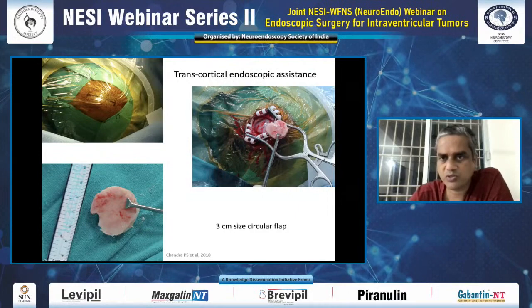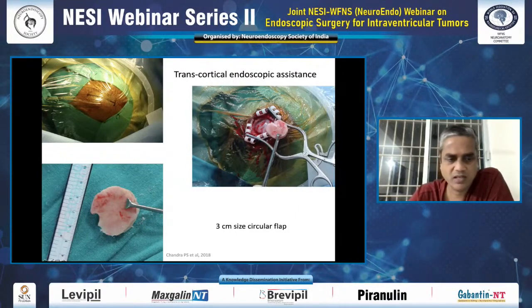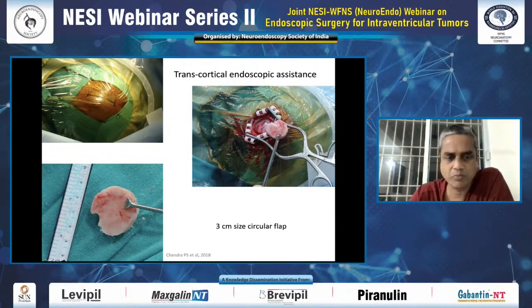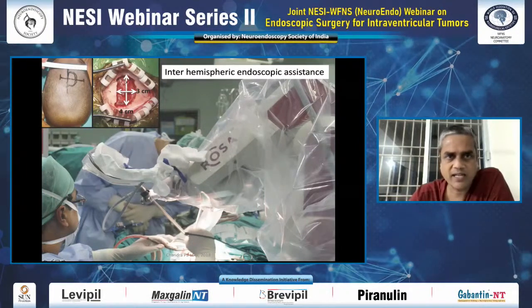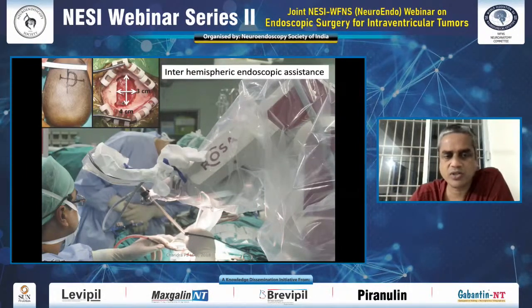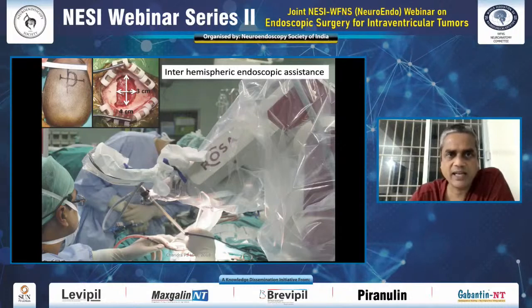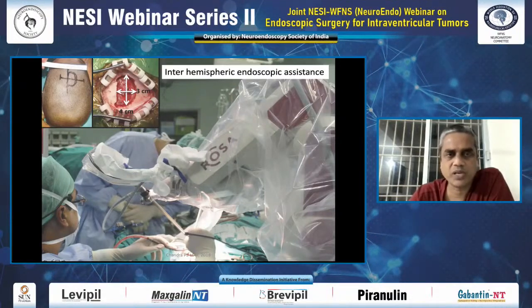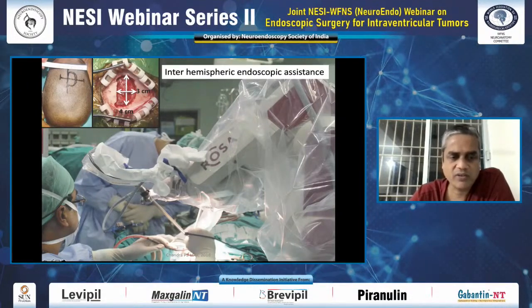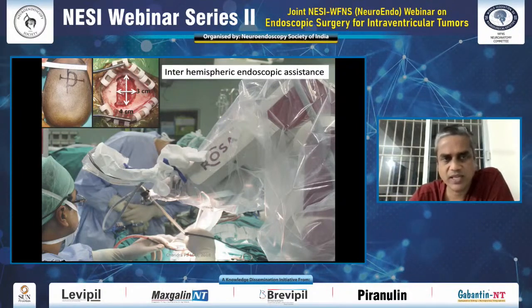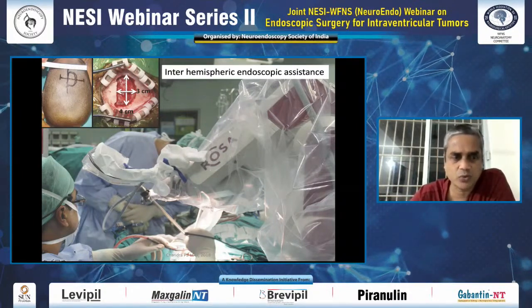We don't use burrholes because a burrhole can leave a large dimple. Similarly, we use an interhemispheric corridor for midline tumors. And again, this has been adapted for endoscopic hemispherotomies, where we had the experience of doing an entire hemispheric disconnection through this opening.